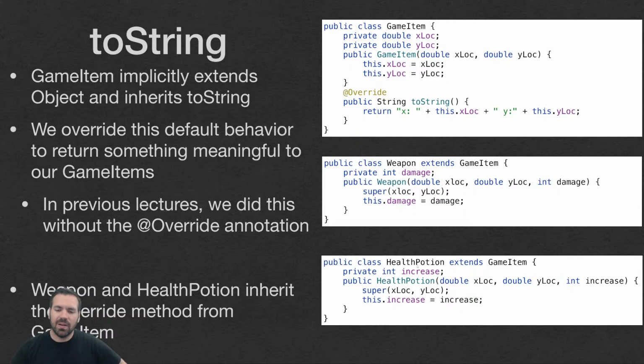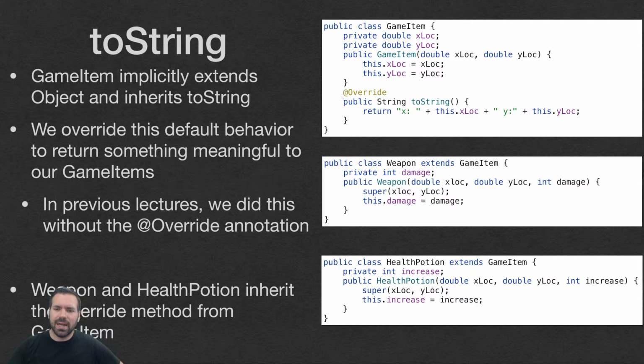And then when we call toString from a health potion, we don't find it in health potion. We go to game item, we find it here, call this method, and stop our progressions so we never make it to the object class. We effectively covered up the default behavior from the object class.